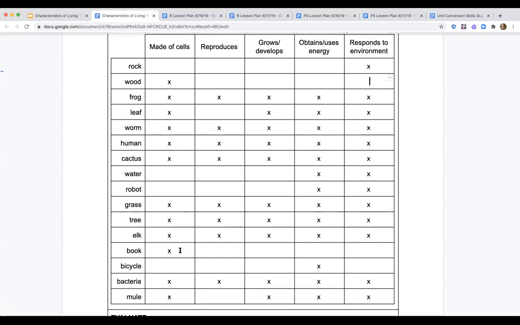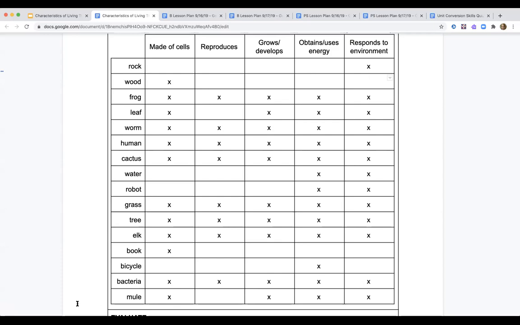A book. Why is a book made of cells? Well, it's pressed wood, so the cells from the wood remain in it. So the book is made of cells, but it doesn't do anything else. A bicycle. Well, if you're pushing it, it obtains and uses that energy, but nothing else. Bacteria, alive, it does all the things.